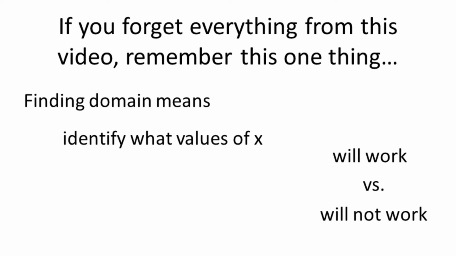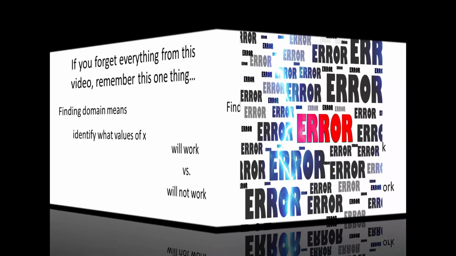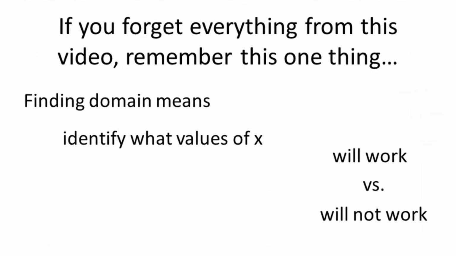Meaning this function, it works, it generates. However, if you plug in an x value that doesn't produce another number, or there's not a possible output, or if you get undefinedness, or if you get an error on the calculator, then basically that x value doesn't work. So don't forget, finding domain is asking what x values will work versus what x values will not work for the function.